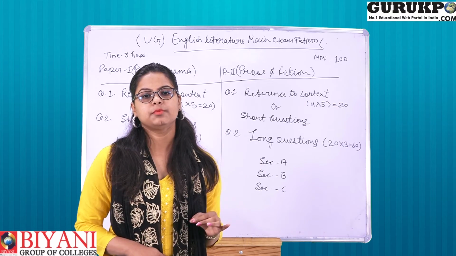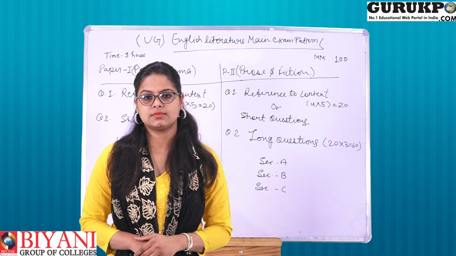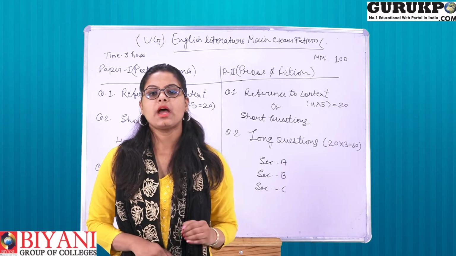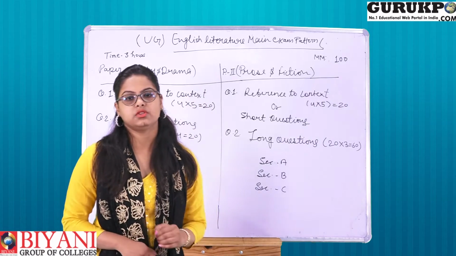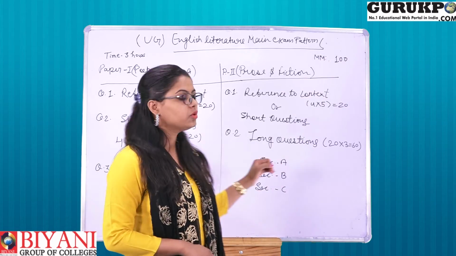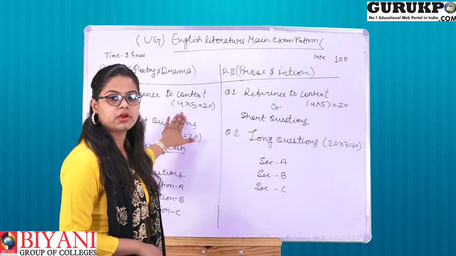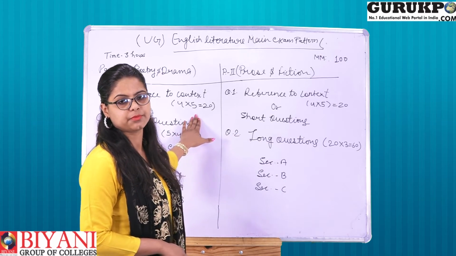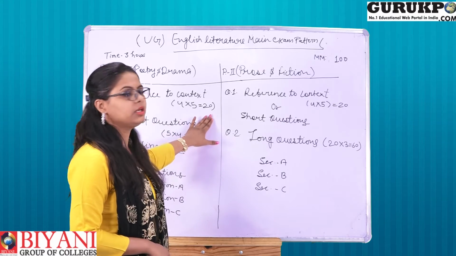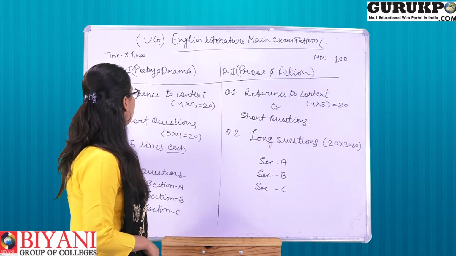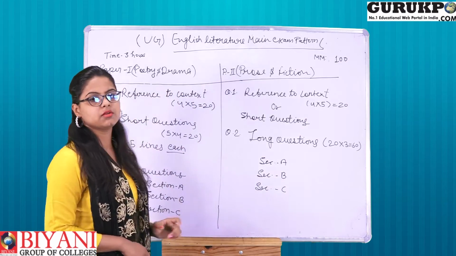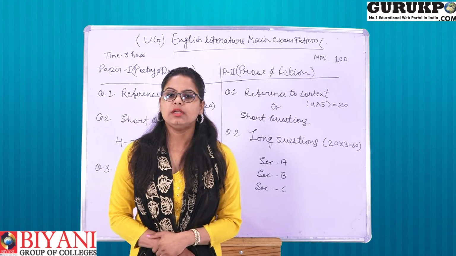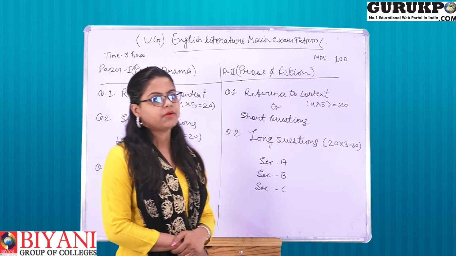There will be at least 8 questions in the paper, and you have to do 4 in all. Those 4 questions will be of 5 marks each, and in this way you will get 20 marks. So this first question will have 20 marks.